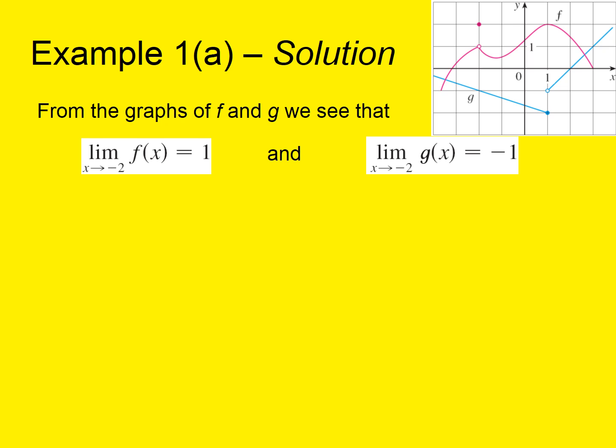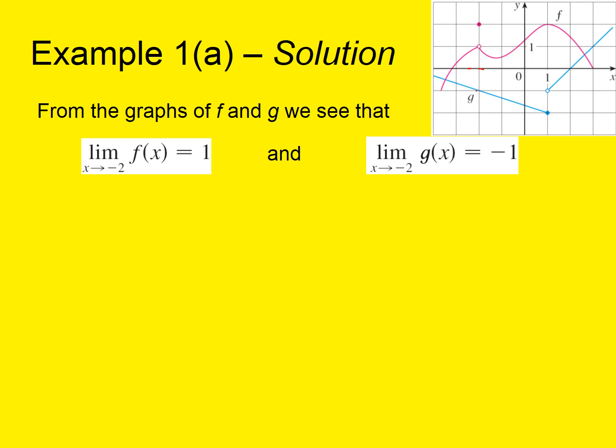Okay, so from the graphs we will calculate these limits. We will need the limit as x goes to -2 of f of x. Well, as x approaches -2, either from the right or from the left, not at -2, but again that doesn't matter, f of x is 1.